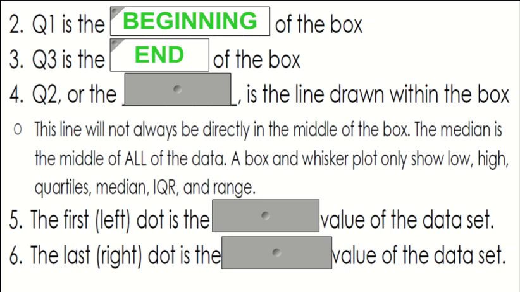Quartile 3 is the end of the box. So when you got a labeled picture in your notes, quartile 1 is right there. Quartile 3, right there. All right, so 1's on the left, 3 is on the right.